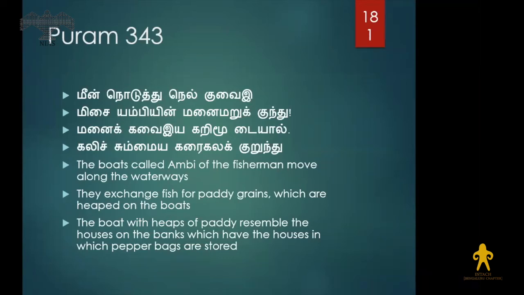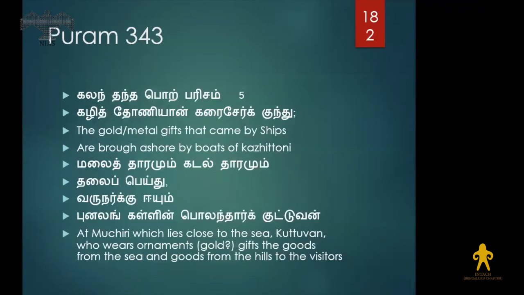That kind of idea is brought out by that. Here in this particular poem, the cultural life around the town of Musiri is described. Kalam Tanda Porparisam Kaditonian Karaichakandu: the gold gifts that came by the ships were brought by the smaller boats. That is a very important idea.